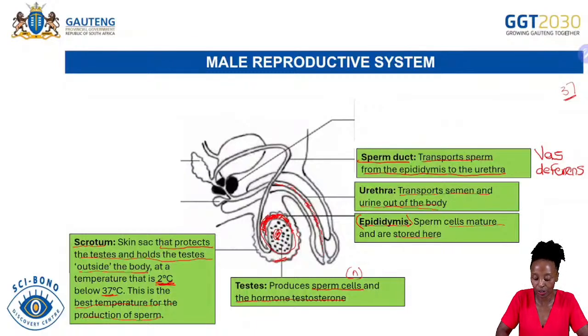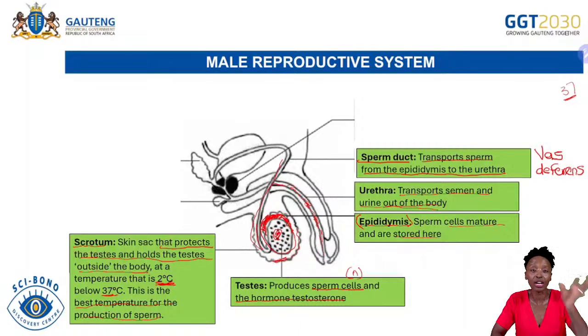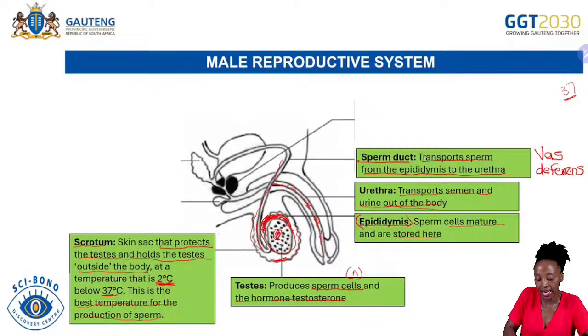They are temporarily stored in the epididymis, and then from the epididymis, they are taken by this duct, the sperm duct or the vas deferens, and then they pass through all these other places, collecting different fluids, and then when they are ready, they are taken out through the urethra out of the body.